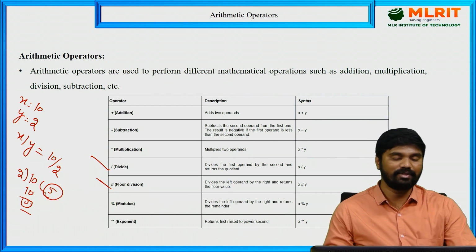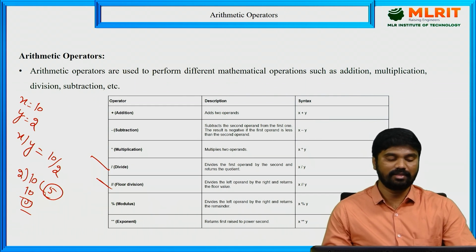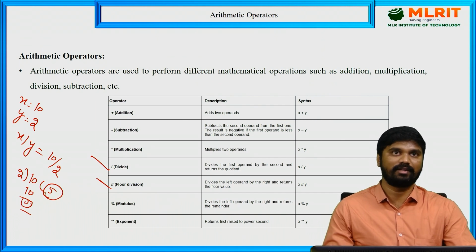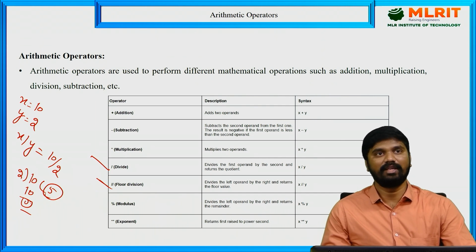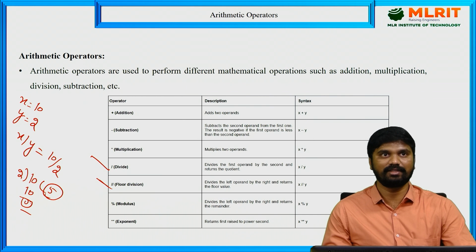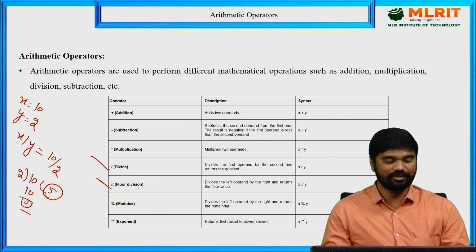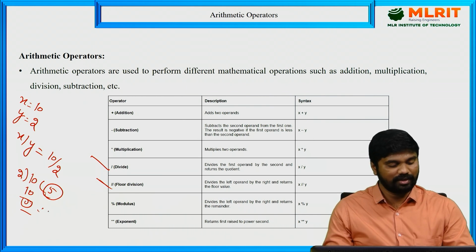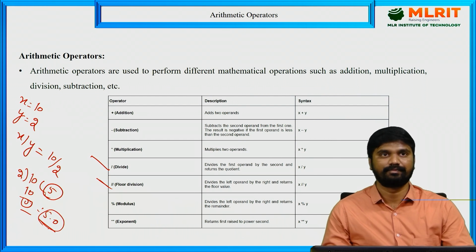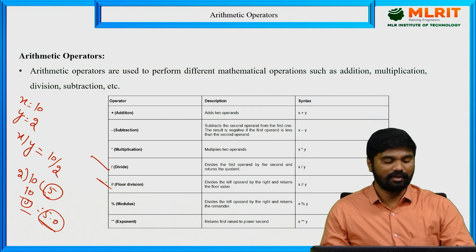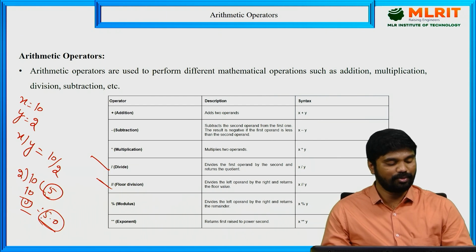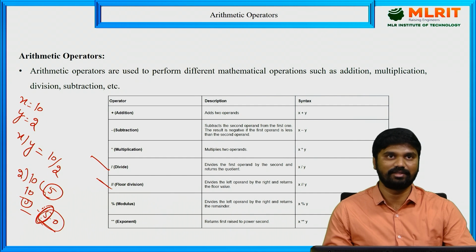So the division operator returns the float type and the floor division operator returns integer type. For example, with the division operator the output will be 5.0. Anyway, we'll see an example next. Here the floor division operator returns only this value. This is the floor value we can also consider.